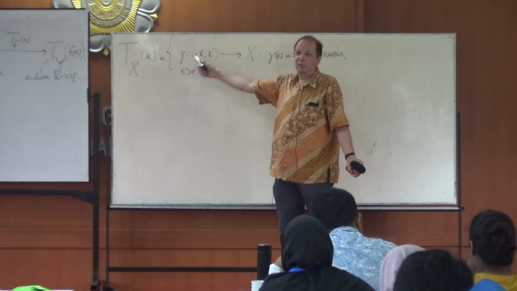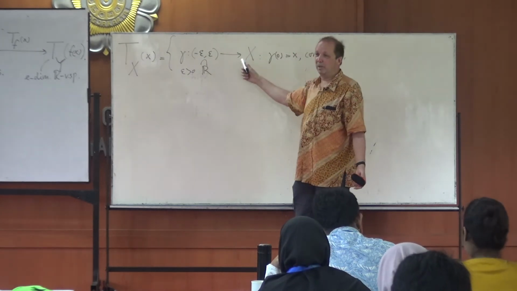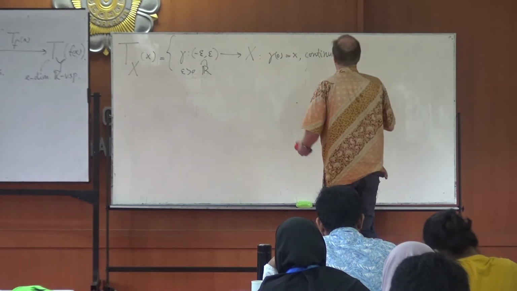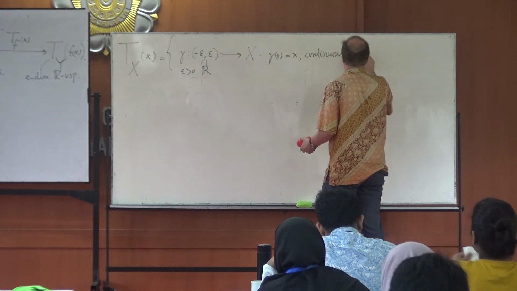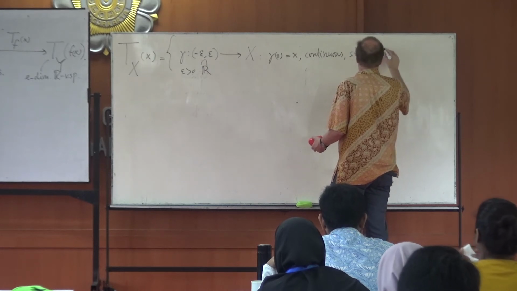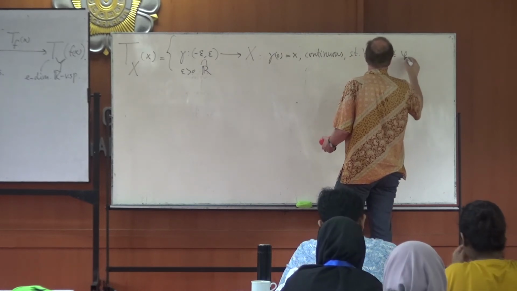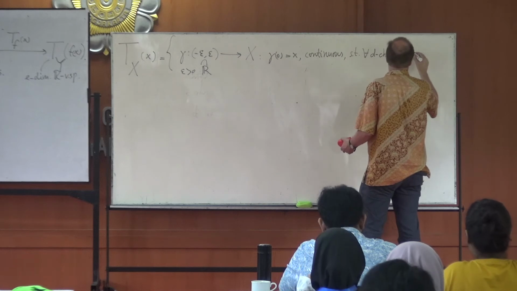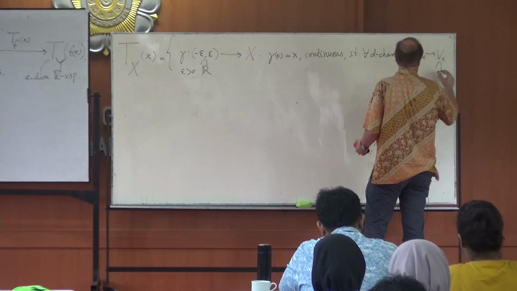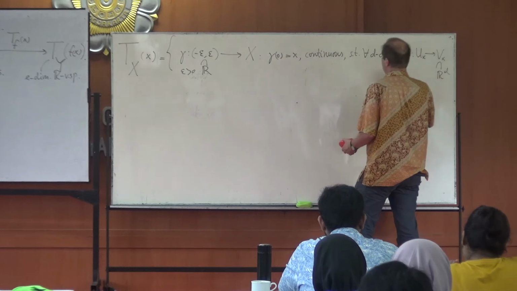This has the topology from the real numbers. This is a topological space, but I also want it to be smooth. And that I have to, such that every chart phi x from U_x to V_x in R^d, in my atlas A.